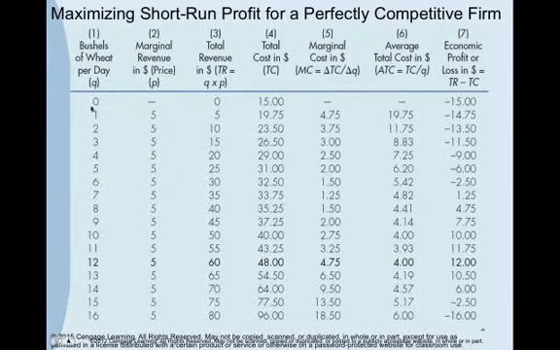It makes a little more sense if we look at a level where we're actually producing something. So let's look at the statistics when we produce 1 bushel of wheat. Our marginal revenue in that case is $5. That means we're able to sell that 1 bushel on the market for $5. And you can see our marginal revenue, regardless of how many units we're producing, is always $5. That means we're operating under perfect competition.